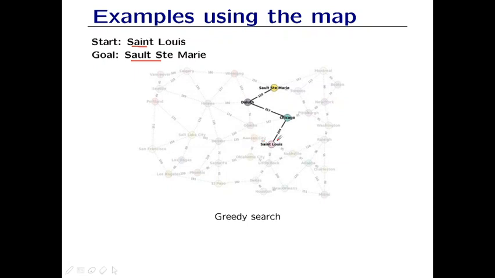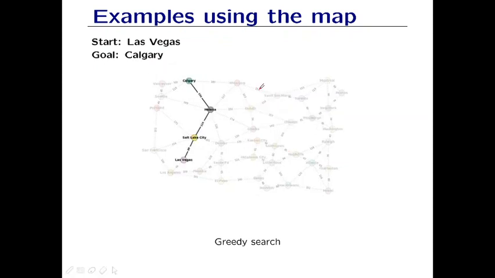There are more paths, as you can see, but here it is 135, here it is more. So they select 104, the smallest heuristic value, and reach Sault Ste. Marie. Next they show you a start from Las Vegas with the goal Calgary. They select the smallest heuristic number and reach it.